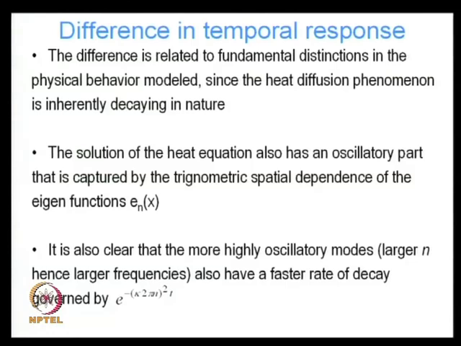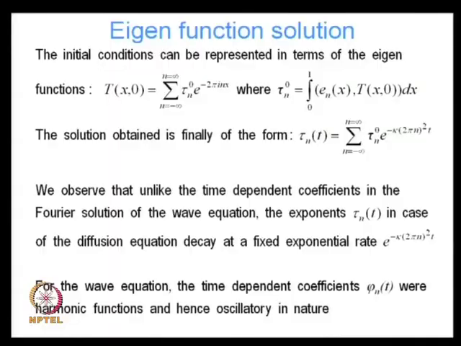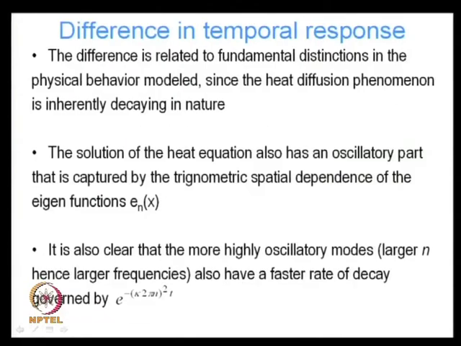Some will have low frequencies, some will have high frequencies, and from the expression for those modes you can see that as n increases, the frequency is also going to increase, right. For larger n's, those oscillations are going to have higher frequencies, while the smaller n's are going to have lower frequencies, right.